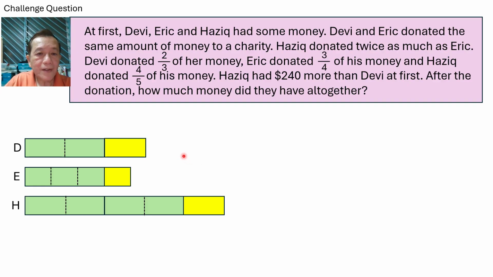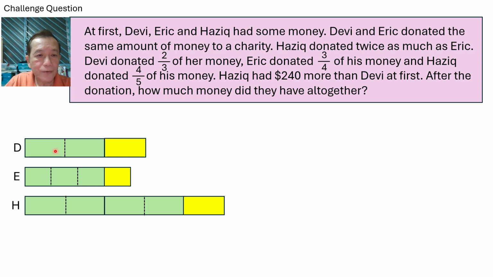Now, can we say that the ratio of donations is 2:3:4? No, that would be wrong because this is one big unit and this is one small unit.